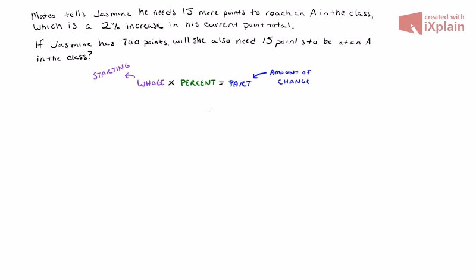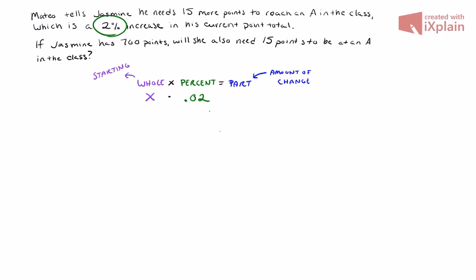So in this case, if we're talking about Mateo, I don't know how many points he currently has, so I'm going to place a variable in there just to hold that spot for me. I do know that his percentage is 2%, so I need to convert that. I'm going to send that decimal point to the left 2 spaces to create 0.02, or 2 hundredths.